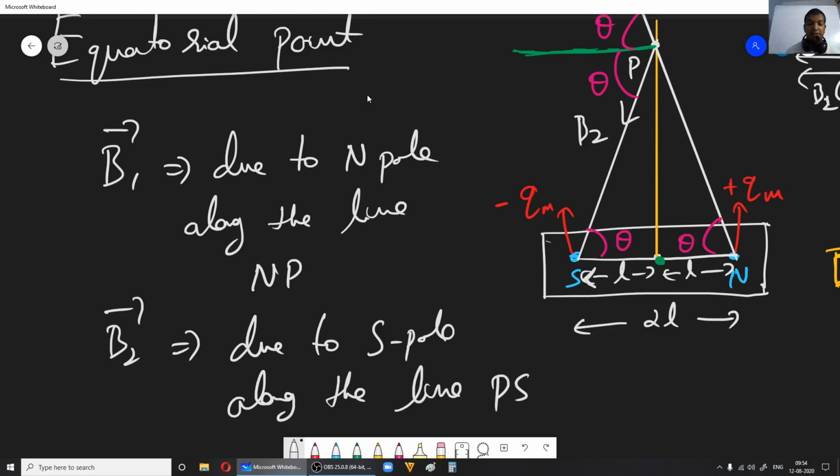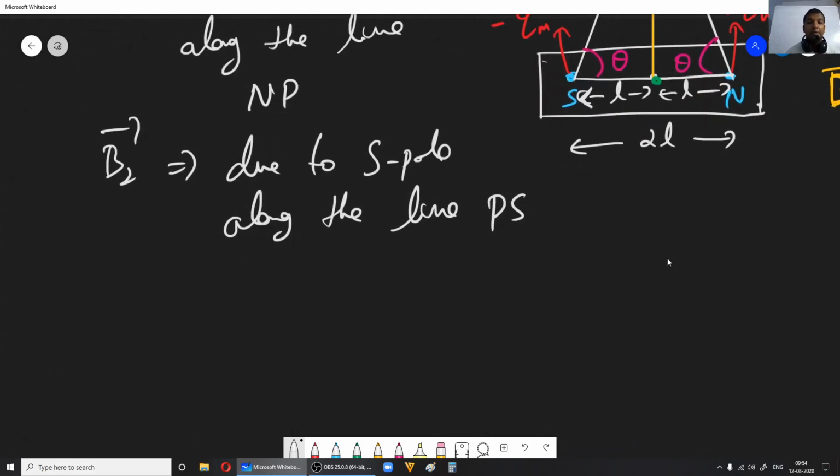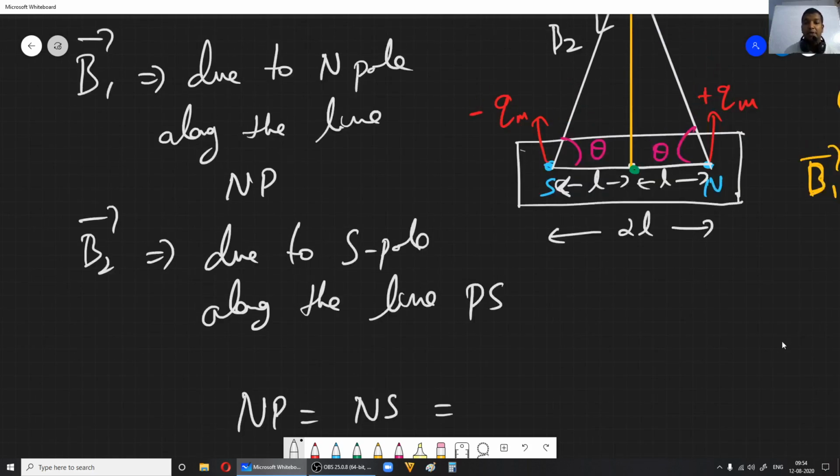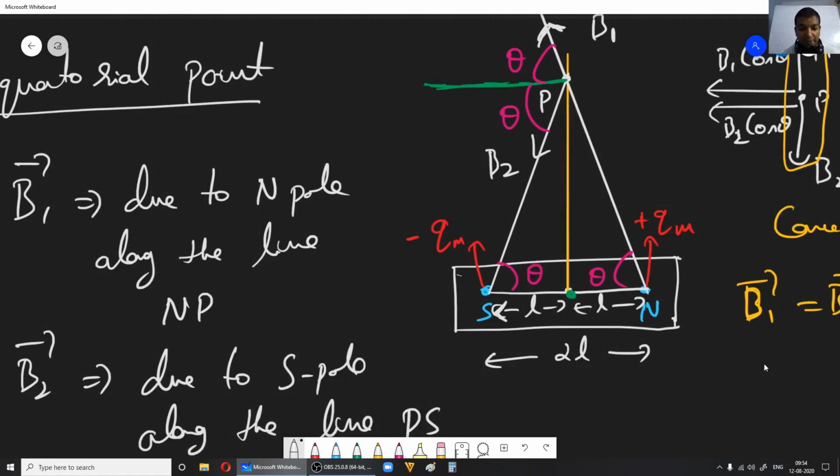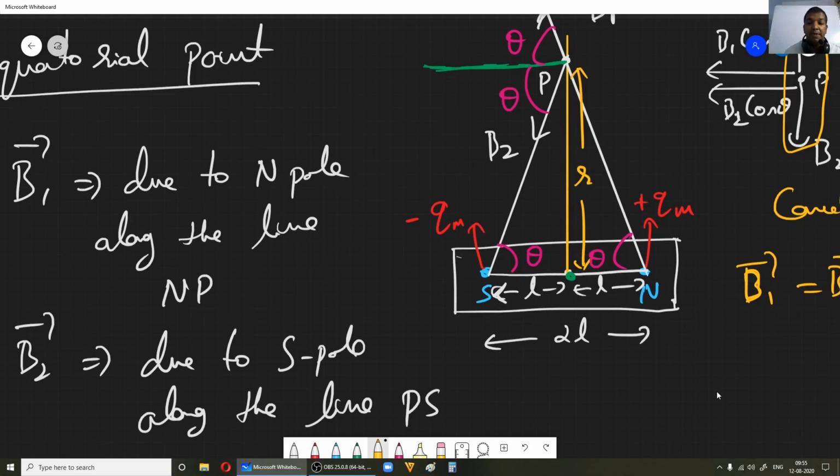Now we know that NP is equal to PS. If you use Pythagoras theorem, you will get to know that. We need a reference for point P from the magnet, so let us call this yellow line R. Now the distance PS and NP will be square root of R square plus L square.